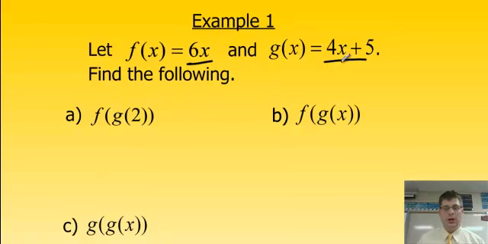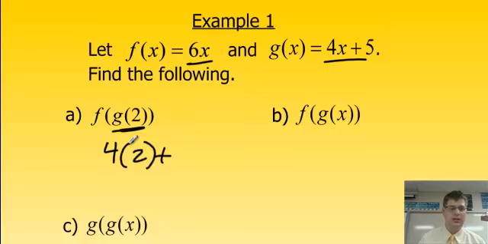So we'll start off by plugging 2 into g. In other words, this is just like saying 4 times 2 plus 5, this part just on the inside, because function g is 4x plus 5.